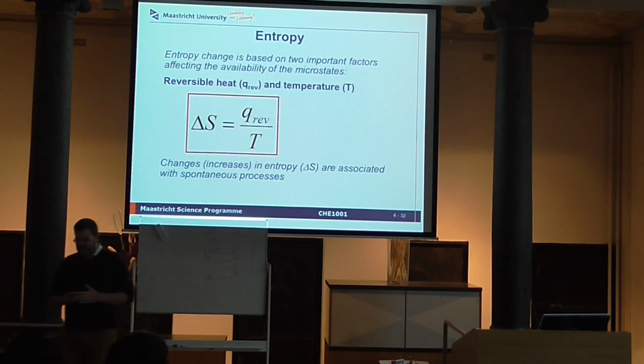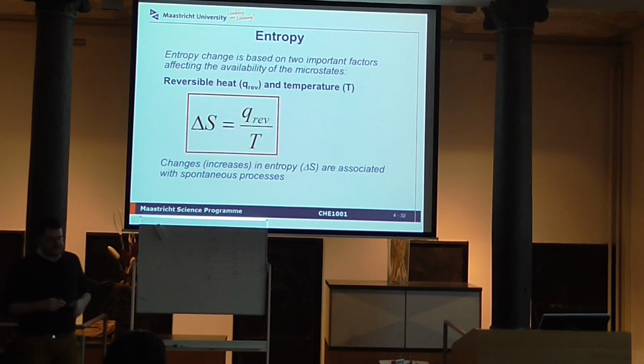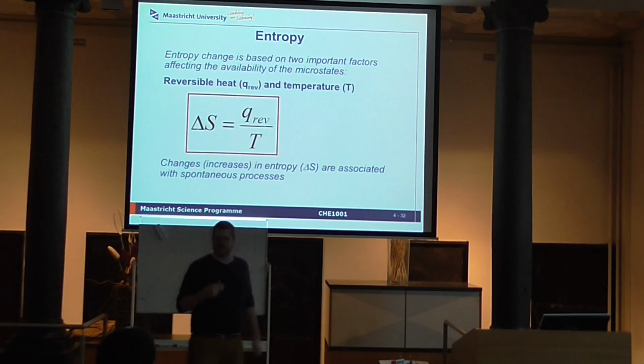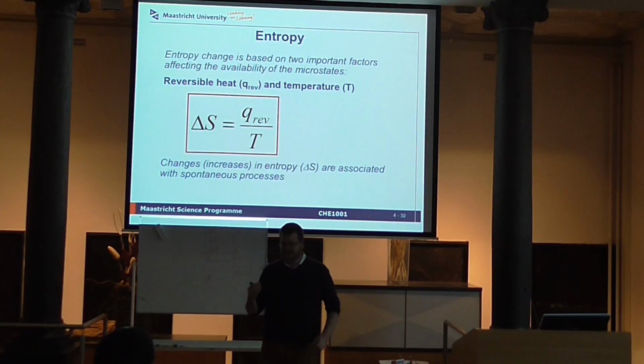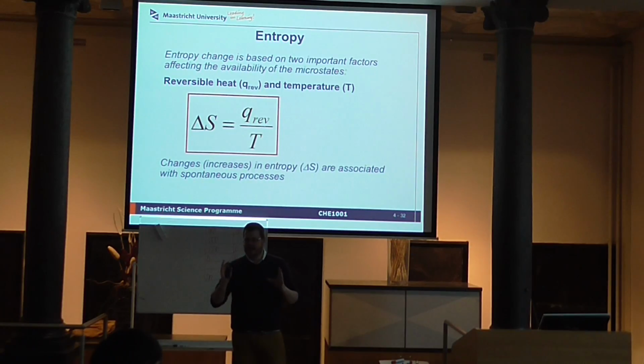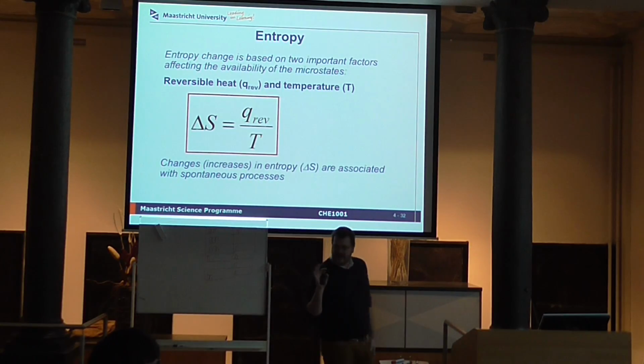There's a tendency in the universe for the chaos to increase. That's essentially the second law of thermodynamics in a very simplistic sense. We're going to revisit this in a moment. But if you have a positive entropy change accompanying some process, whatever that process may be, the process will tend to be spontaneous. Now you see where we're going with this. We're going towards this notion of spontaneity, but part of spontaneity is entropy.